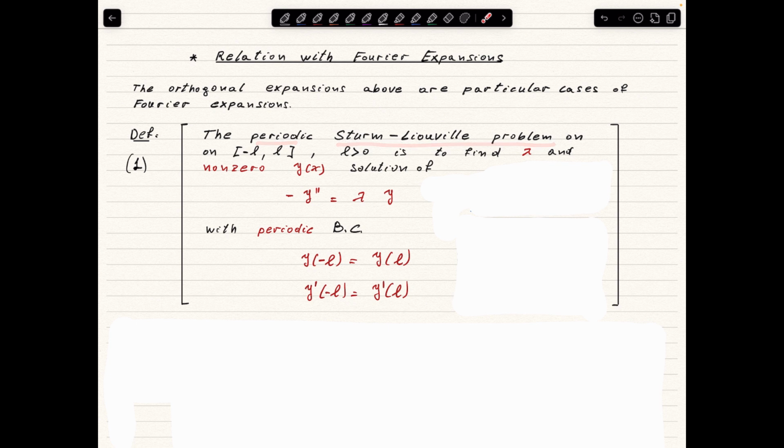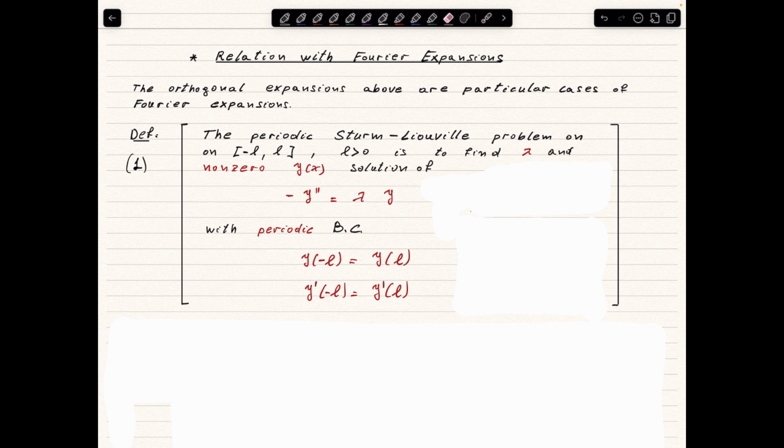A periodic Sturm-Liouville problem on an interval, symmetric around 0, negative L to L, is to find eigenvalues lambda and non-zero functions, so eigenfunctions, solution of the same differential equation, but with what are called periodic boundary conditions, which say that the function on one side of the interval is exactly the same as the function on the other side, and the same happens to the derivative.